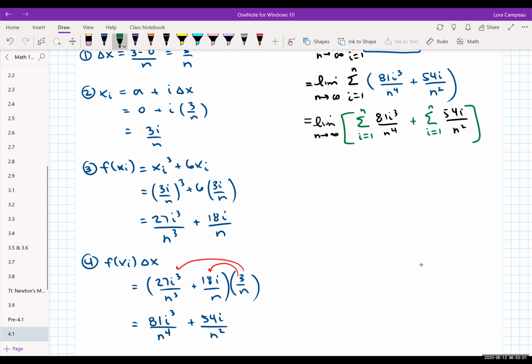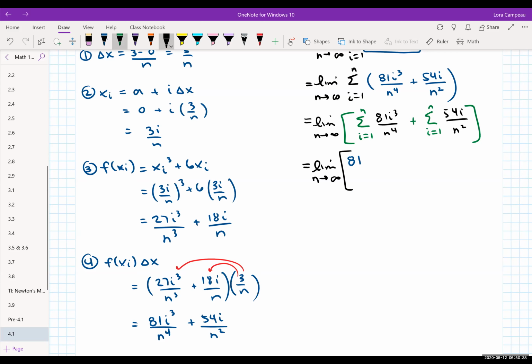Now, take your time on this for a second. The next thing you want to do is factor out any constants or n's to help you out with this summation notation. So I see that I can pull out an 81. Let's be clear, I still have everything involved inside.